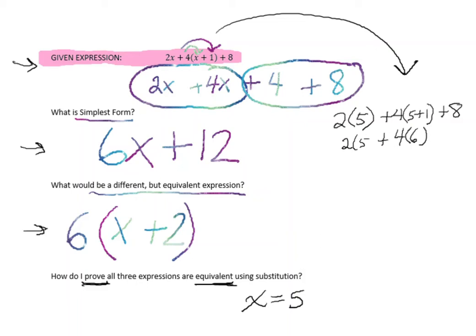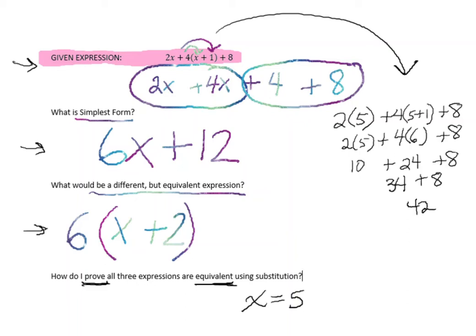Now we have multiplication. 2 times 5 is 10. 4 times 6 is 24. And now we add from left to right. 10 plus 24 is 34. 34 plus 8 is 42.